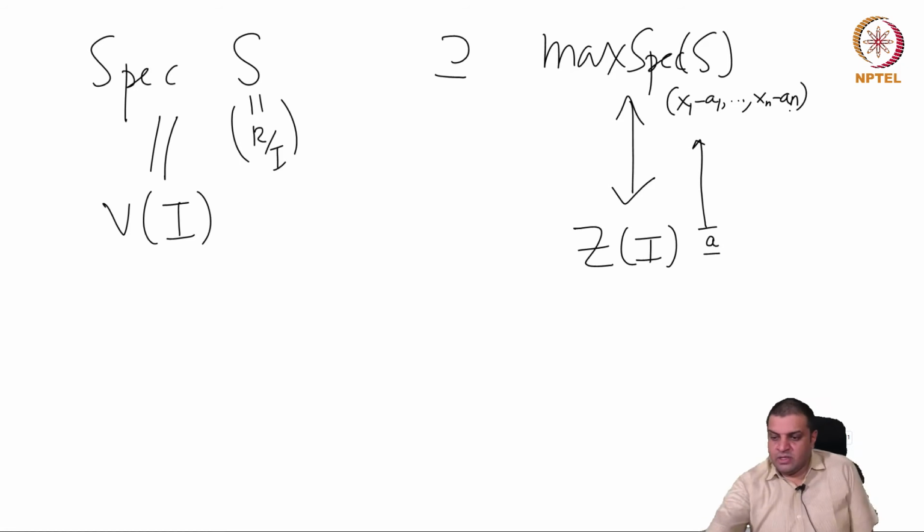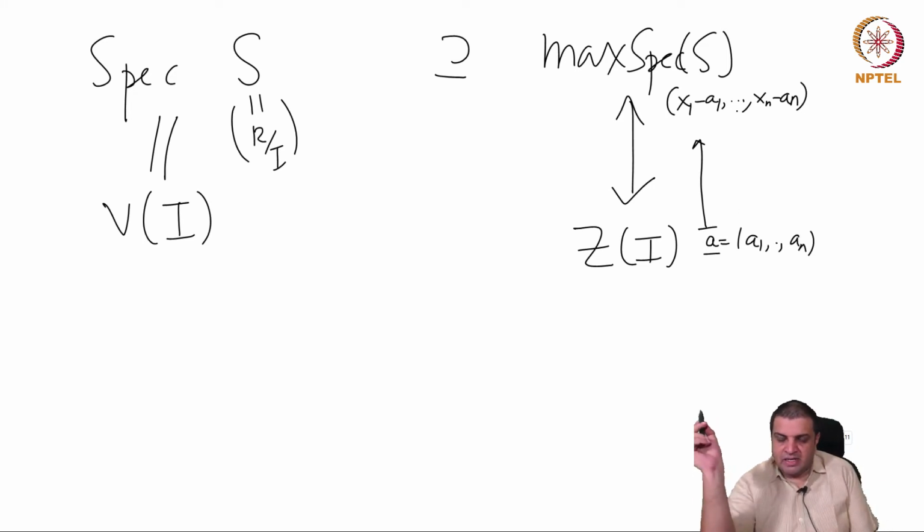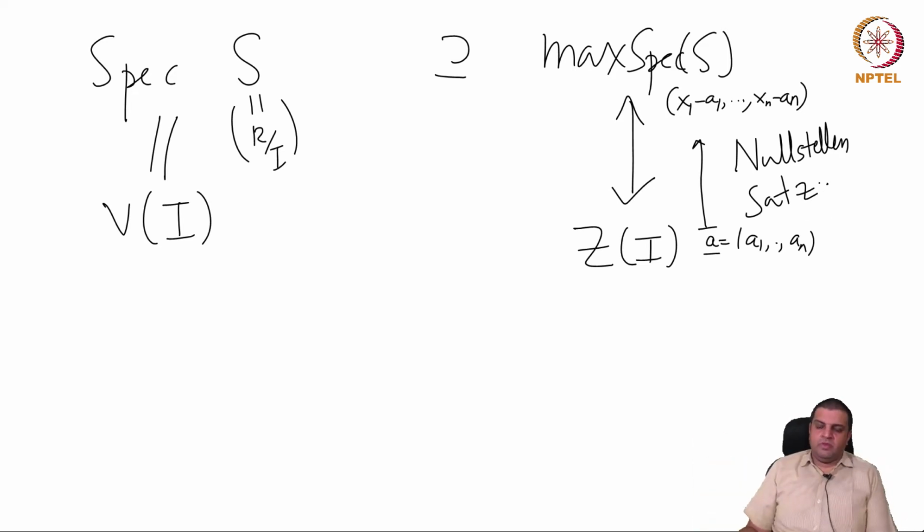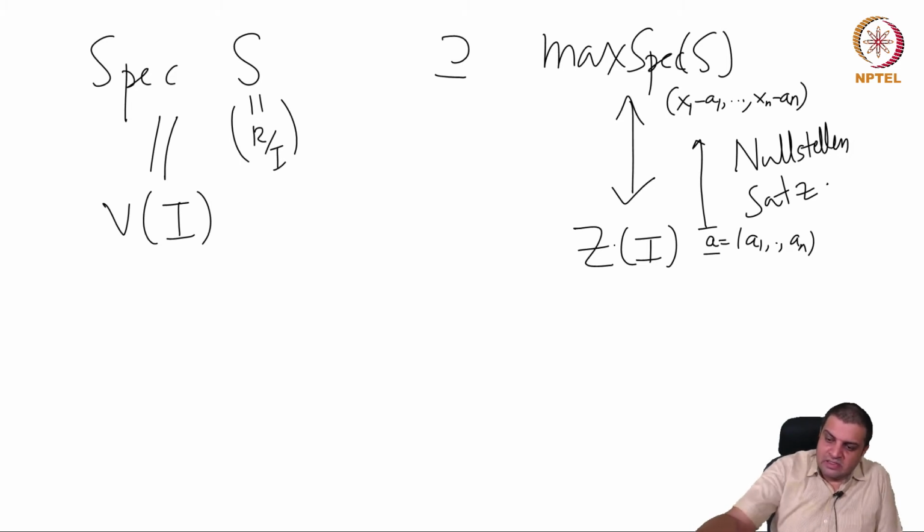So that's in one direction: an n-tuple A in K^n gives that maximal ideal, and every maximal ideal looks like that. That was one of Hilbert's versions of the Nullstellensatz. So I'll just write Nullstellensatz: Z of I inside K^n is precisely in bijective correspondence with Max Spec.